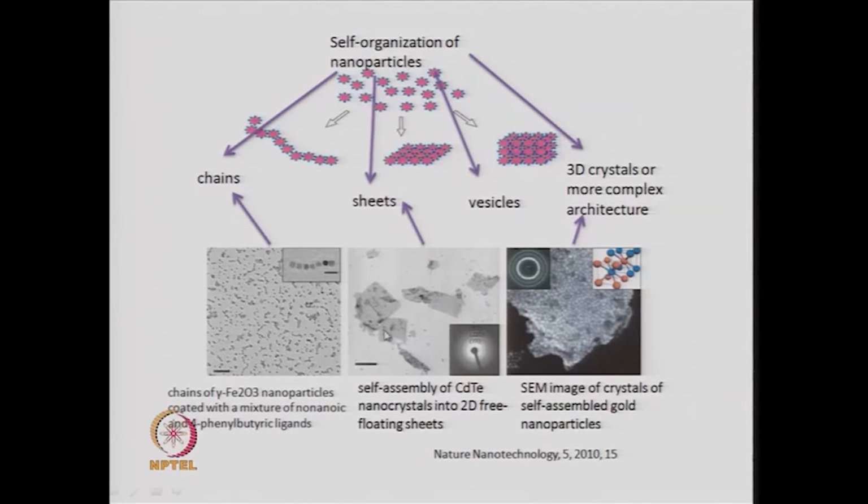So, these are the sheets that you get, and these sheets are observable under a transmission electron micrograph, where transmission electron microscope, and this is the micrograph where you can see these planar objects which are nothing but sheets, and these sheets can be explained to be made up of a two dimensional network of these original particles.